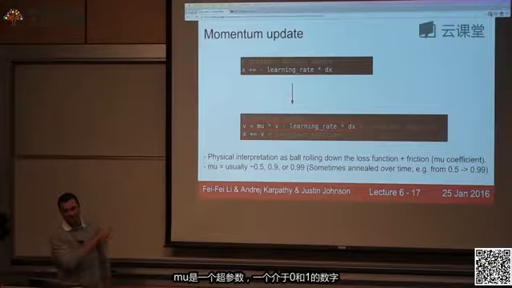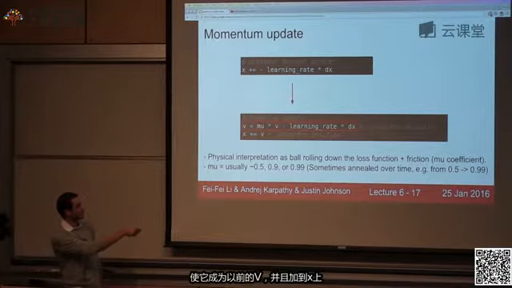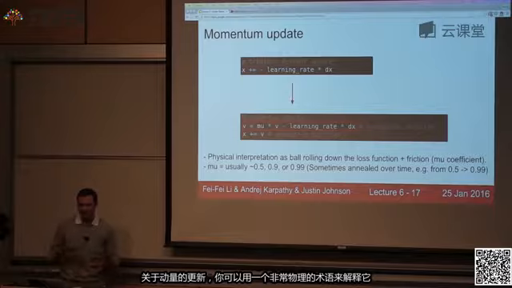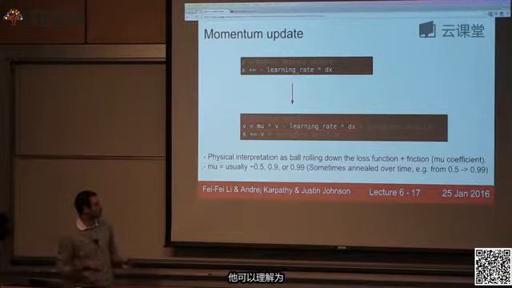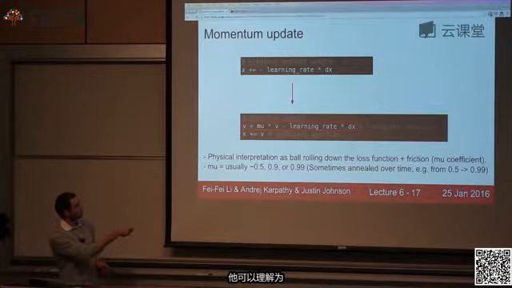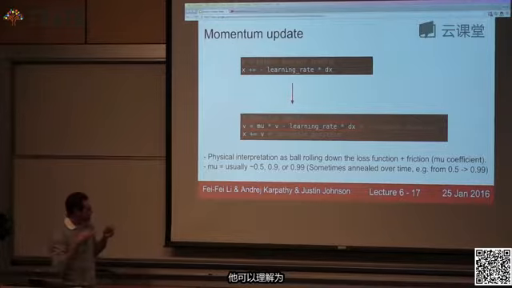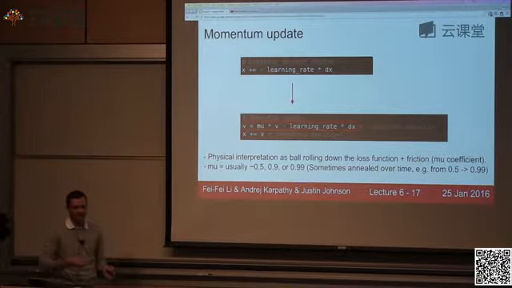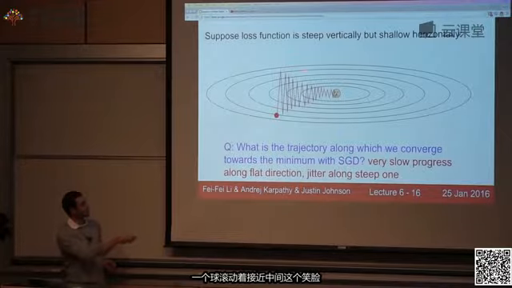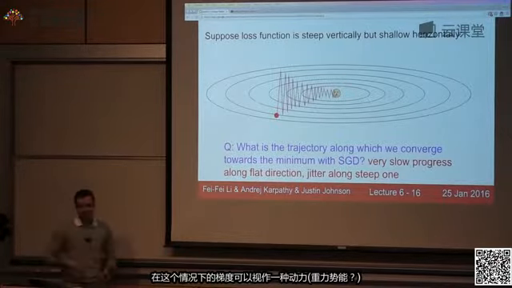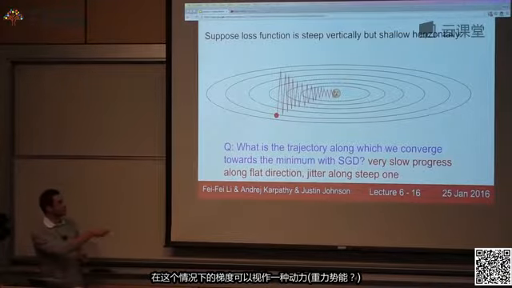This mu here is a hyperparameter, a number between 0 and 1, and what it's doing is decaying the previous v and adding on the current gradient. What's nice about the momentum update is that you can interpret it in physical terms. Using momentum update corresponds to interpreting this as a ball rolling around this landscape, and the gradient is the force that the particle is feeling.